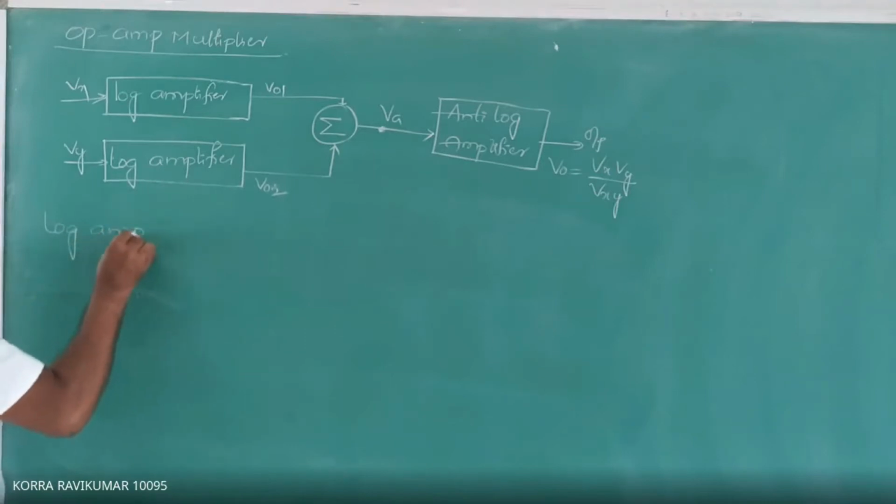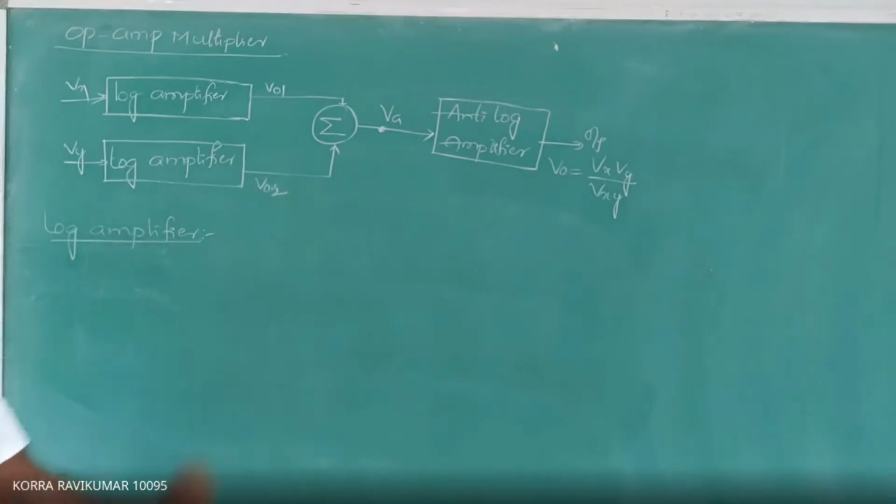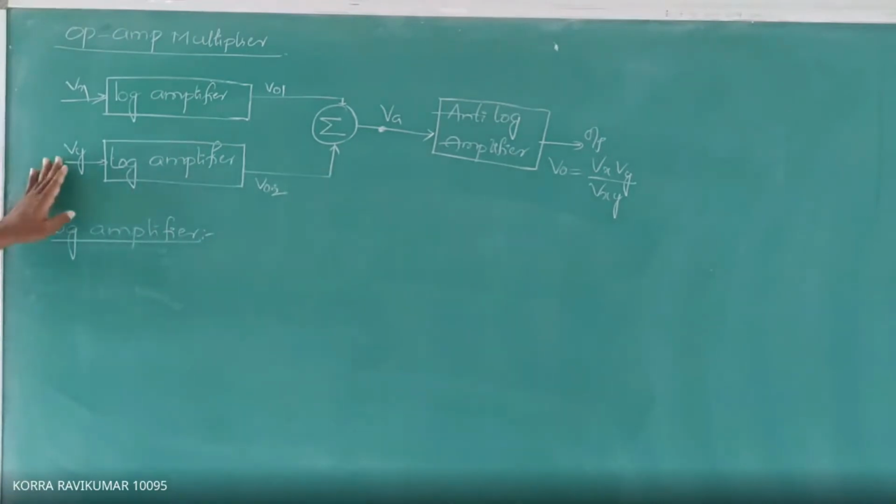What is a log amplifier? It is an electronic circuit that produces an output that is proportional to the logarithm of the input voltage.